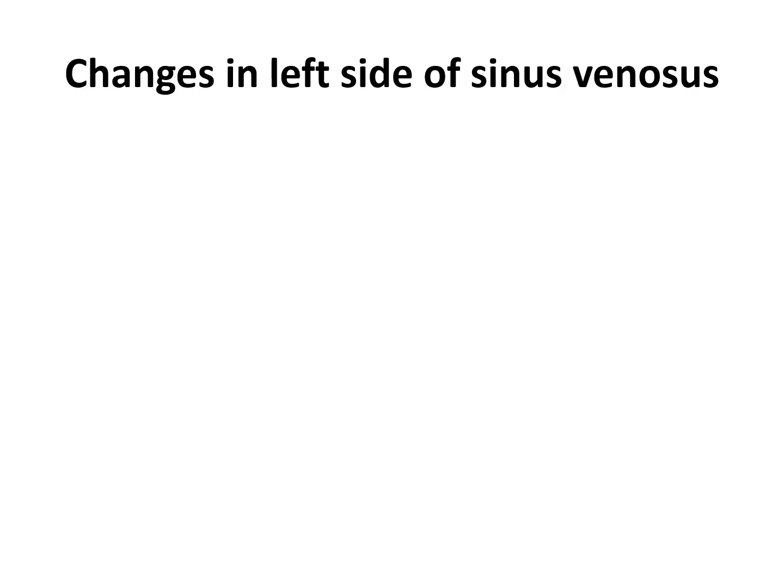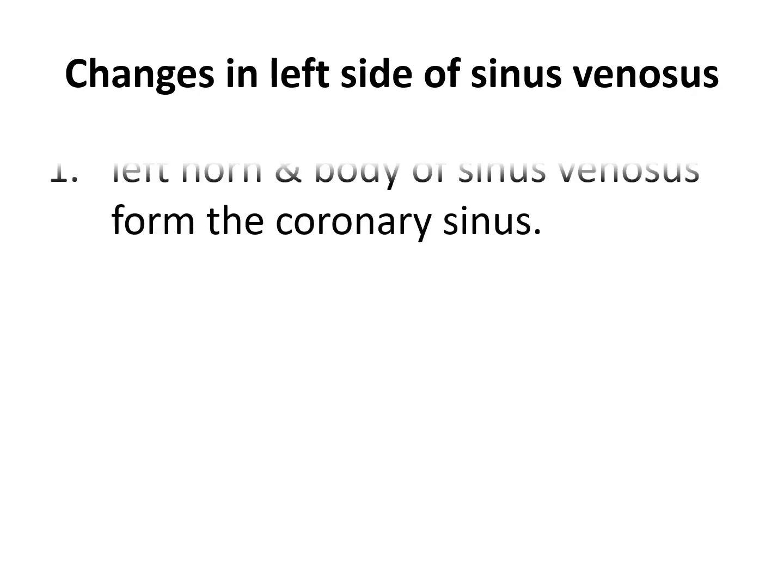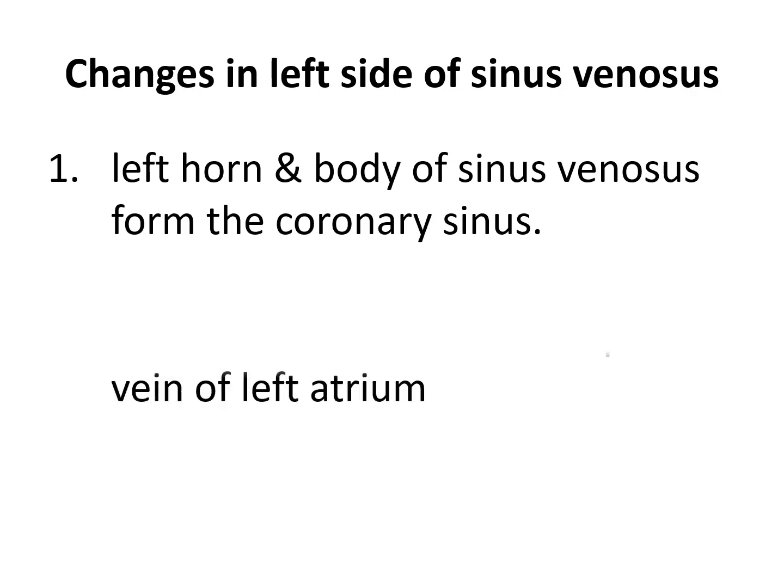So veins formed from this left side of the sinus venosus are usually less important than what we will see in the right side. So the left horn and body of the sinus venosus will form the coronary sinus, which is the major venous return from the heart. So they will just be incorporated to get blood from the heart itself.